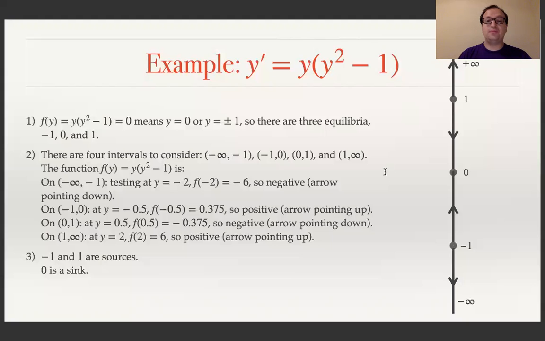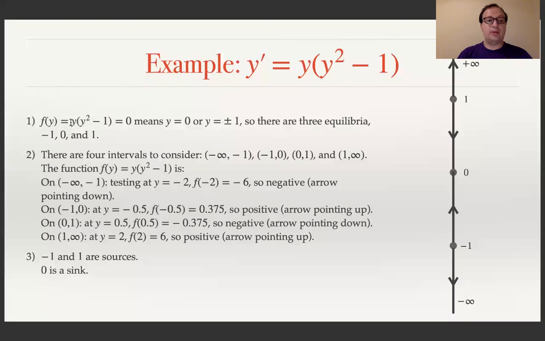Next example, let's consider the equation y prime is equal to y times y squared minus 1. So let's plot its phase diagram. The first step is we identify the equilibrium points for the equation. So we want to solve the equation y times y squared minus 1 is equal to 0.